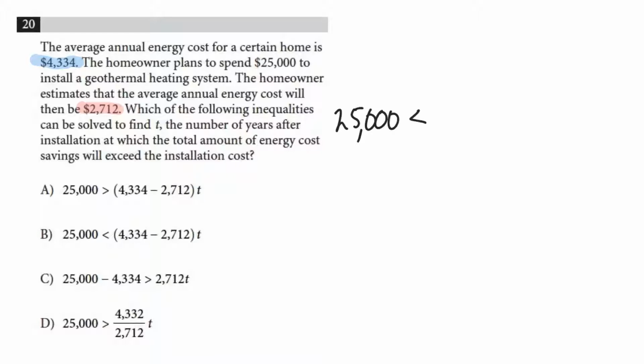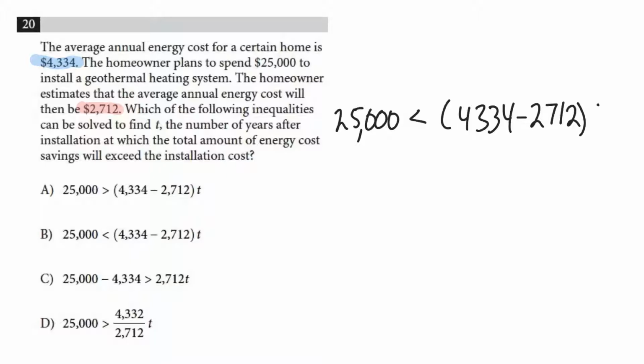So the difference in those would be 4,334 minus the new expense, 2,712, and that's how much you save per year, right?